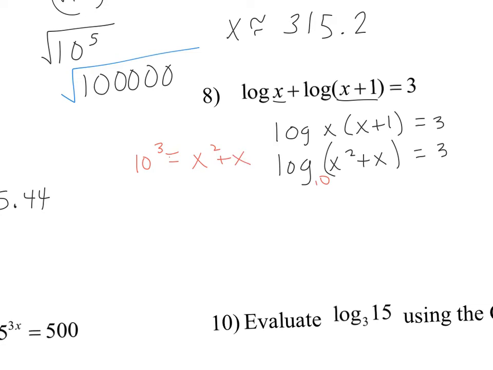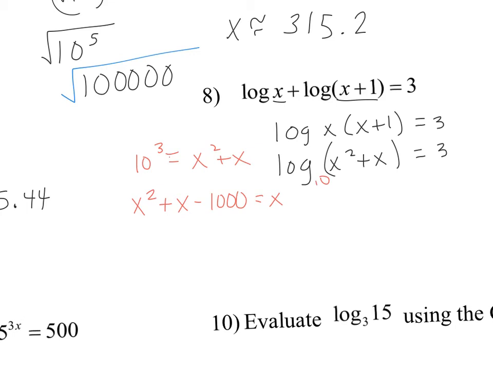So now I have a quadratic. So I'm going to get one side equal to 0, so it's x squared plus x minus 1,000 equals 0. So I could try to solve by factoring, which I can't think of. I don't think there are factors of negative 1,000 that add up to 1. You could solve it by graphing.